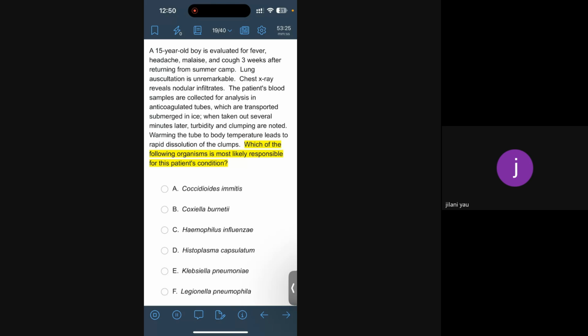What type of pneumonia is it? Nodular infiltrates. Is it interstitial pneumonia or lobar pneumonia? It is interstitial pneumonia, right?